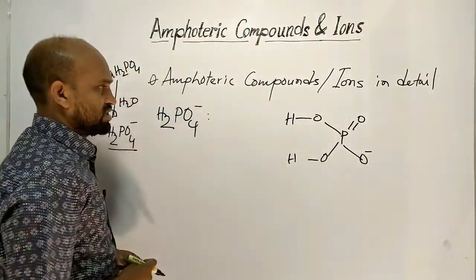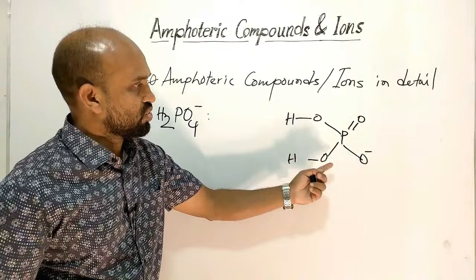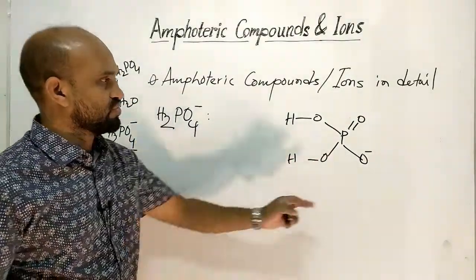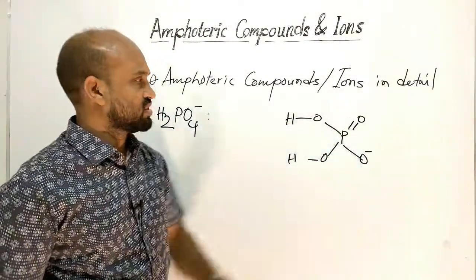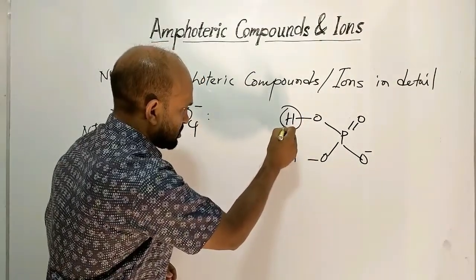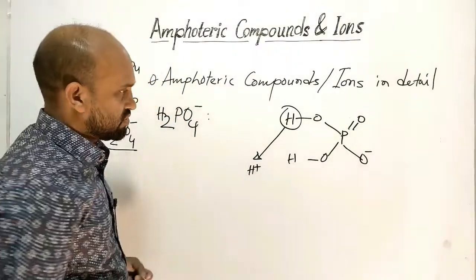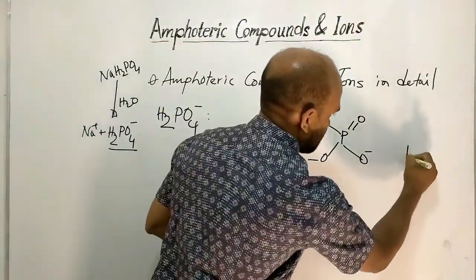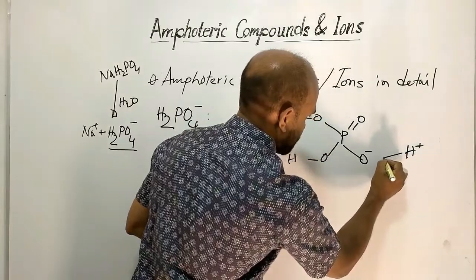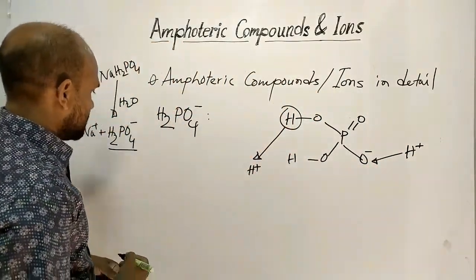This is dihydrogen phosphate ion, H2PO4 with 1- charge. This hydrogen is freed as a proton in basic medium, and this oxygen accepts a proton in acidic medium. Now let's see a chemical reaction.